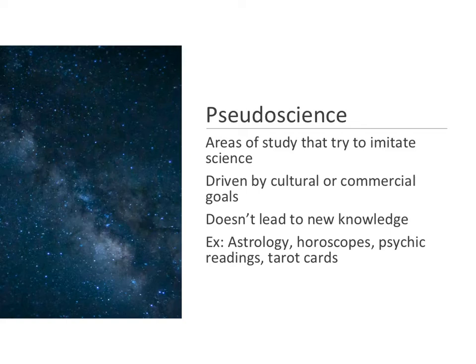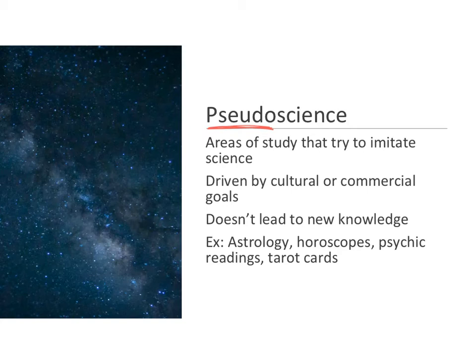And while we're on the topic of what science can and can't do, I like to just bring up a little branch called pseudoscience. So let's just look at the word pseudo. Okay, what does pseudo mean? If you don't know, go ahead and pause the video and Google, what does pseudo mean?